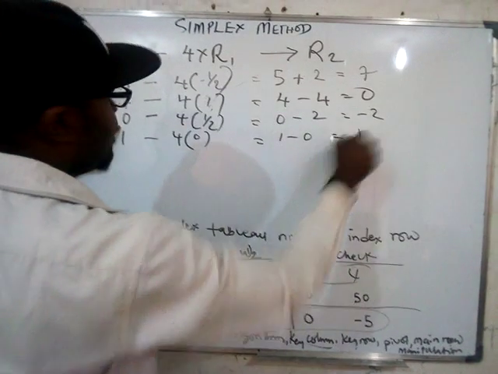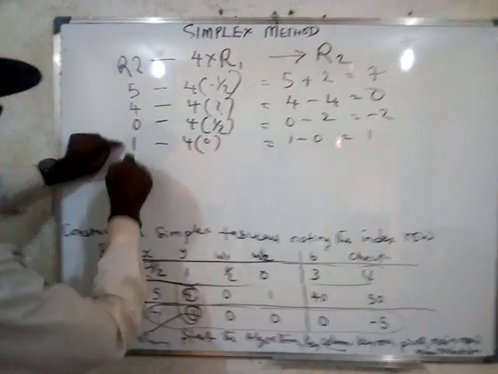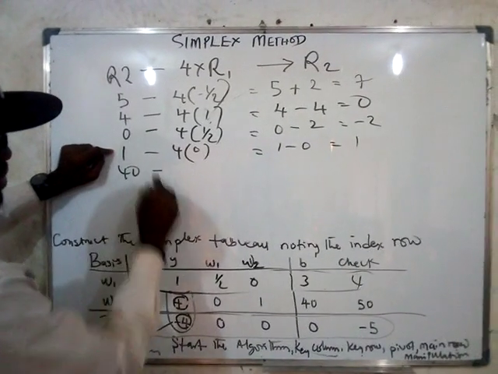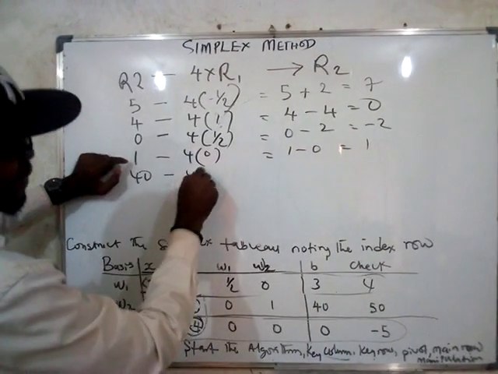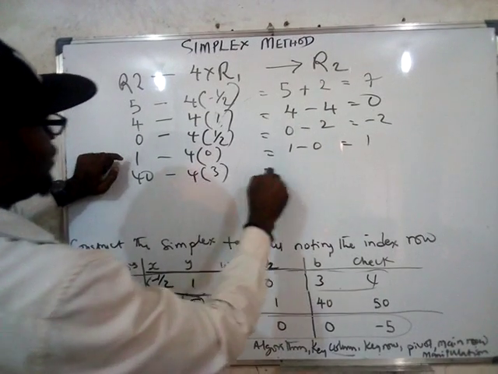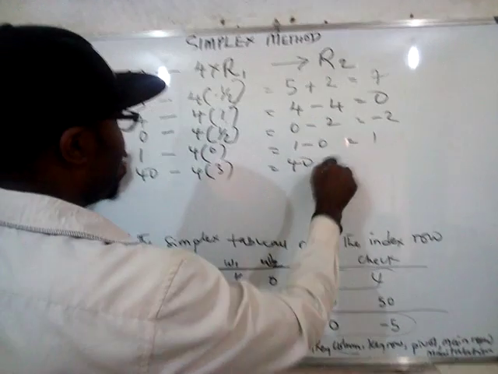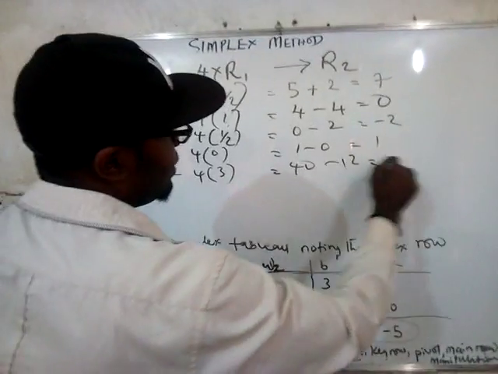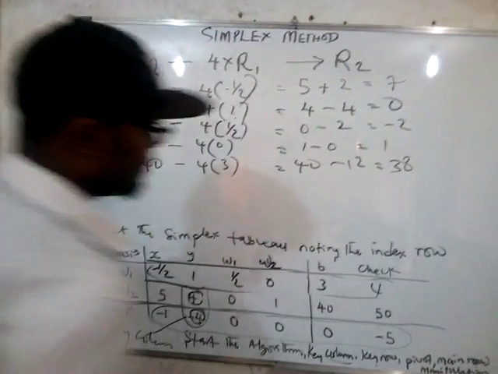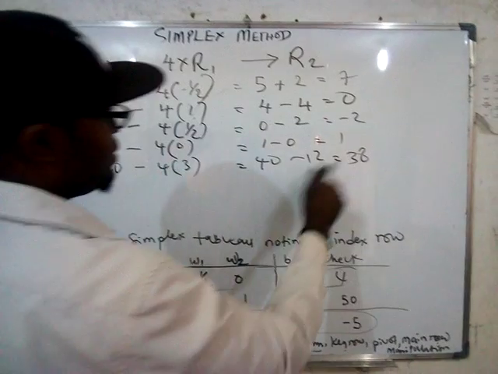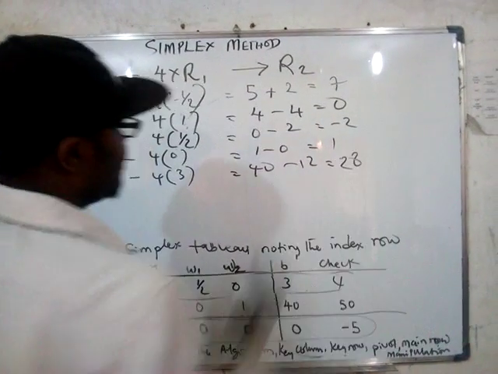Then for this one, I'll have 40 minus 4 times 3, which is 12, which will give me 28.